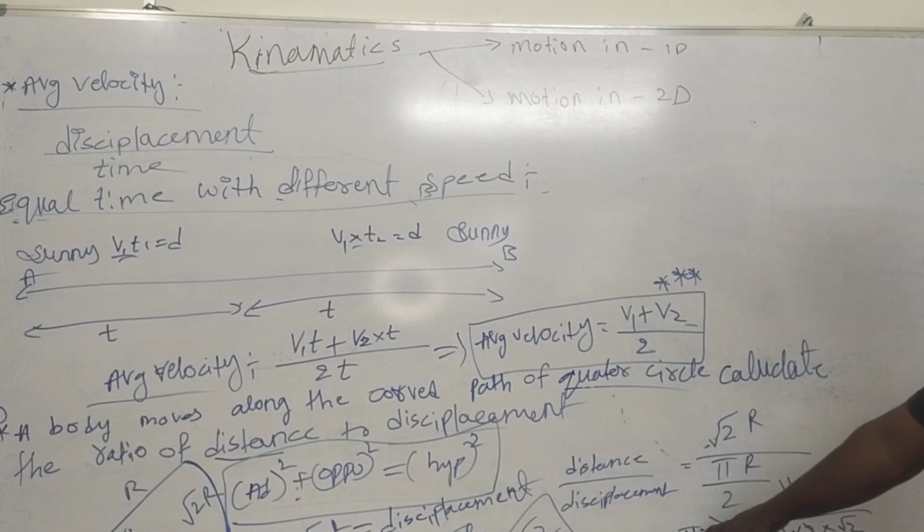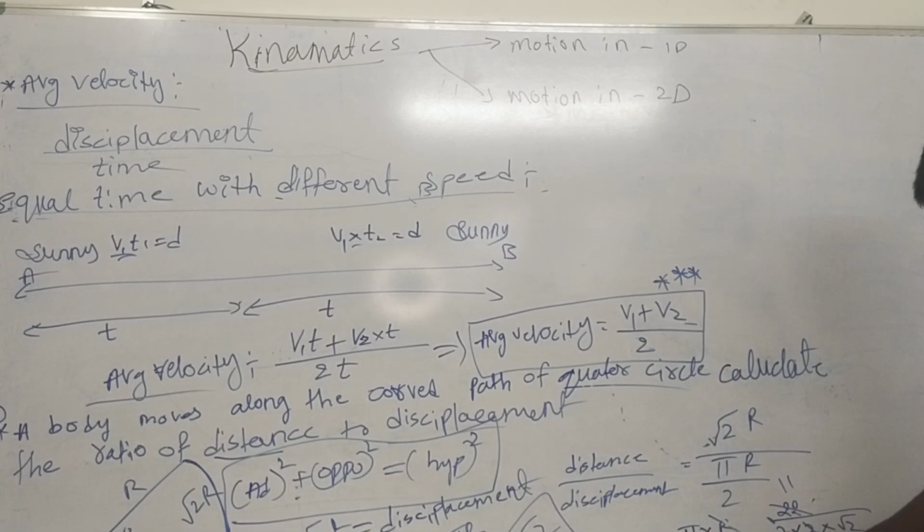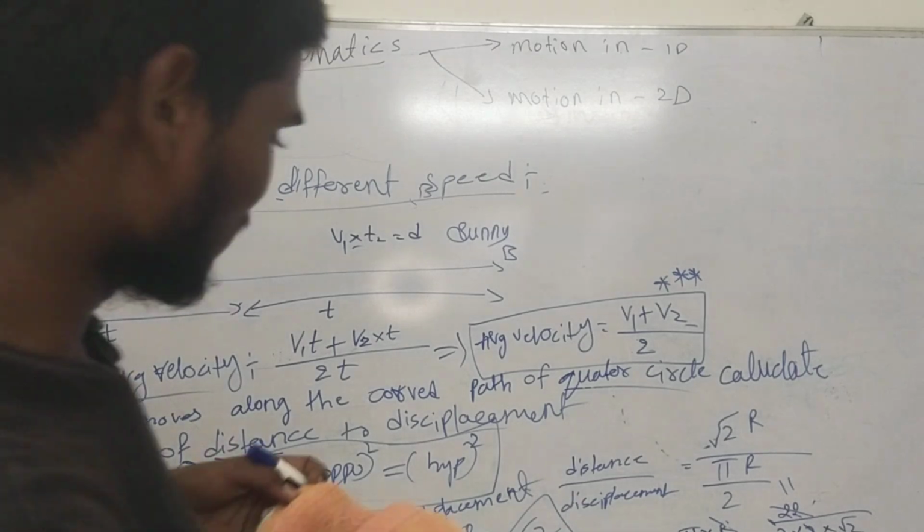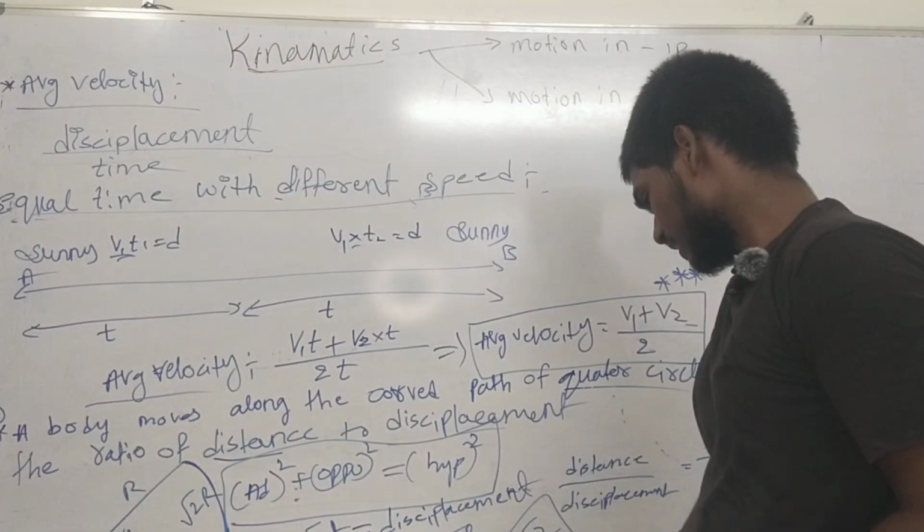Pi value also can be written as 22 by 7, so 22 by 7 means 2 elevens are 22, cancels, so the remaining is 11 is to 7 into root 2. I hope you understand, right?